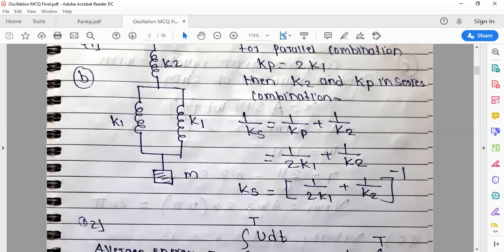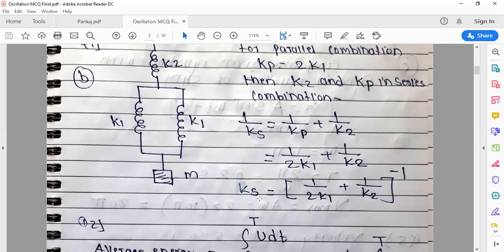Then simplify it, reciprocal of this, because this is 1 by Ks, so Ks is equal to 1 upon 2K1 plus 1 by K2, and its inverse, minus 1. So this is the resultant force constant for the combination of these 3 springs. So the correct option for question number 1 is option number B.